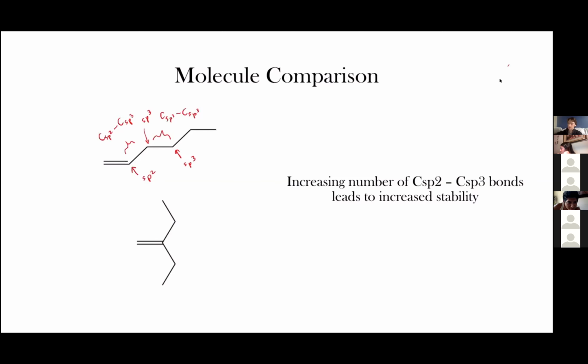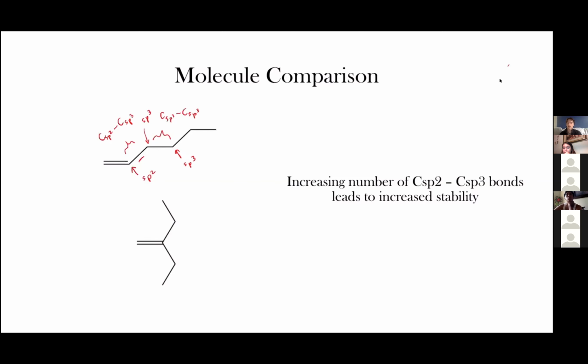Okay, so in this bond right here, you have more s character with the hybridized sp2 carbon. And so, as we know, that is lower in energy. And so that results in a shorter bond and a more stable bond between these two carbons compared with the C-sp3 bond.